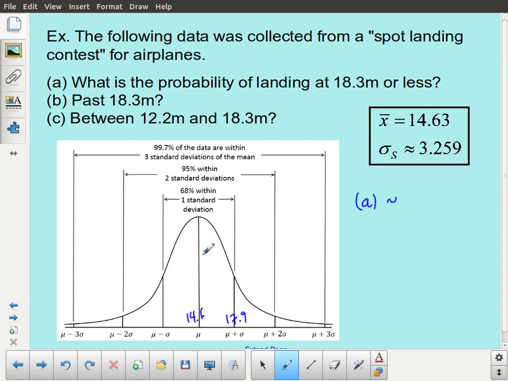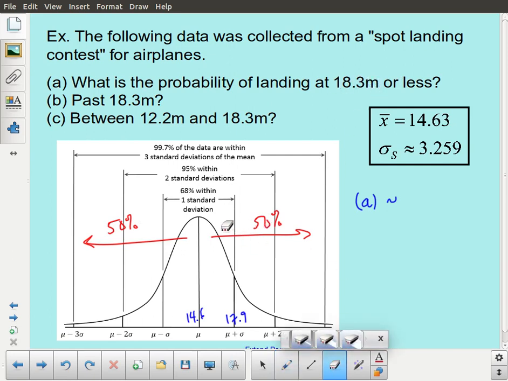Now let's take a look. First of all, if the middle is at 14.6, that means that 50% of the data would be above 14.6 and 50% would be below. Now we want to know the probability of landing at 18.3 meters or less.